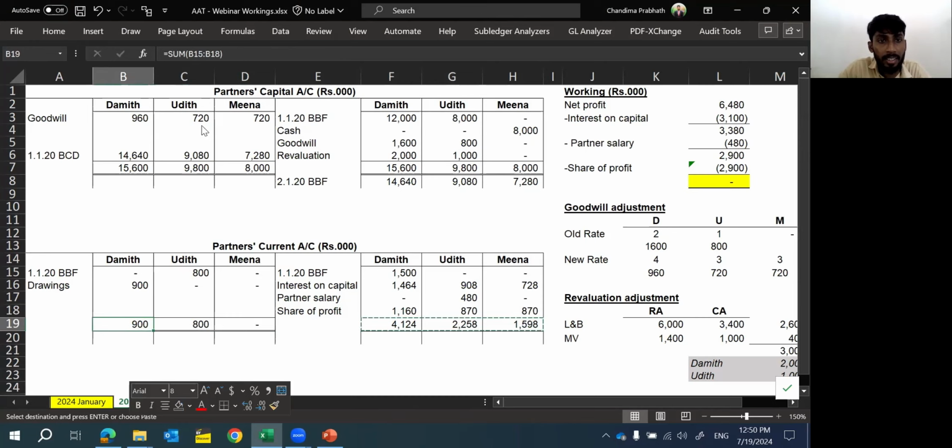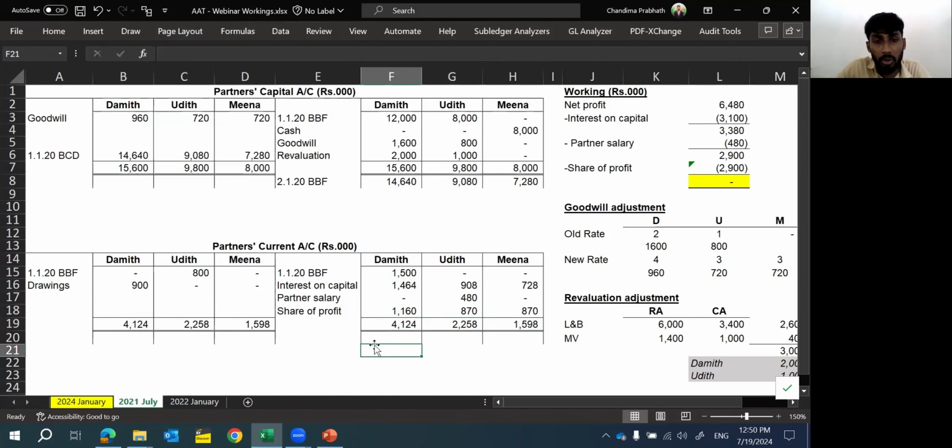I will also do that for you. Now this is done at the end of the period. So balance carried down for Damit, Udit, and Meena.